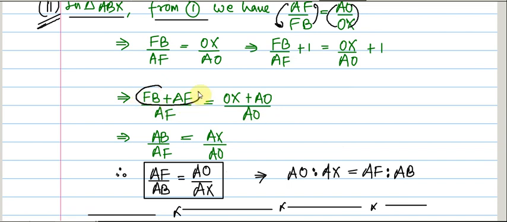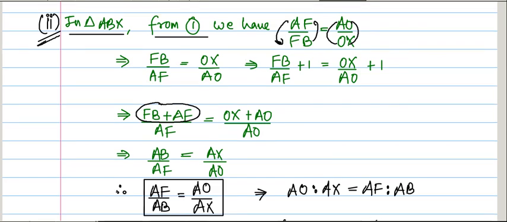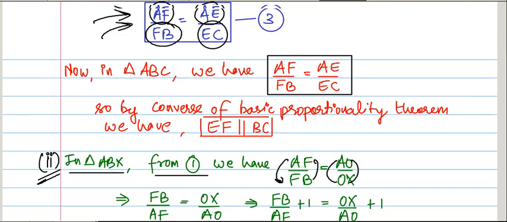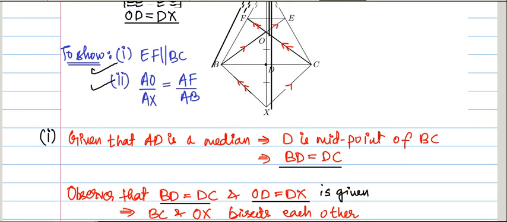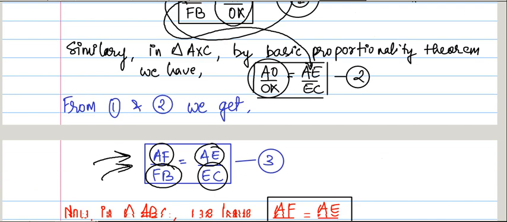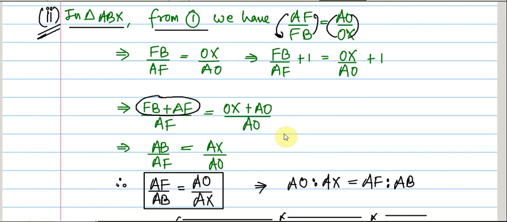Now FB plus AF, just have a look in the diagram. FB plus AF, are they ready to add with each other? FB and AF. If I add them, I will get the whole AB. So the addition is correct.